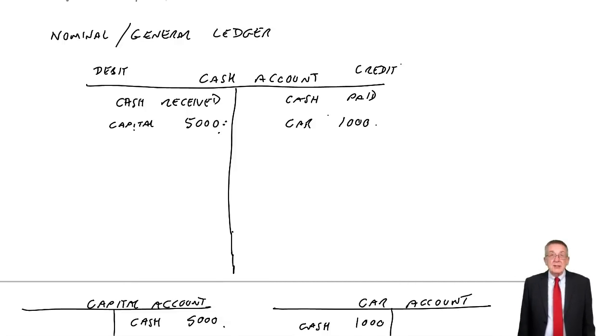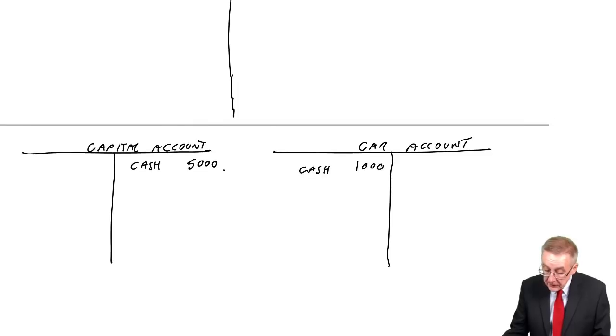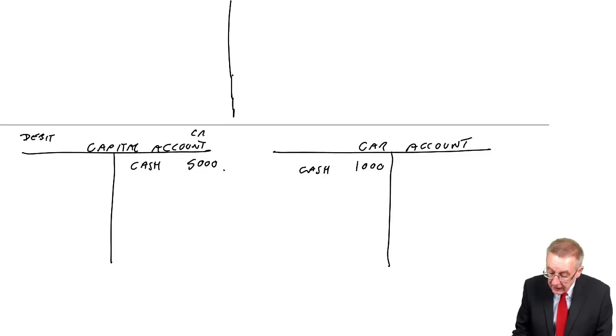It comes from Latin, strictly give and receive, but that's confusing. Effectively, debit means left, credit means right. So on the capital account, the left-hand page is the debit page, the right-hand page is the credit page. And similarly on the car account, debit, credit.